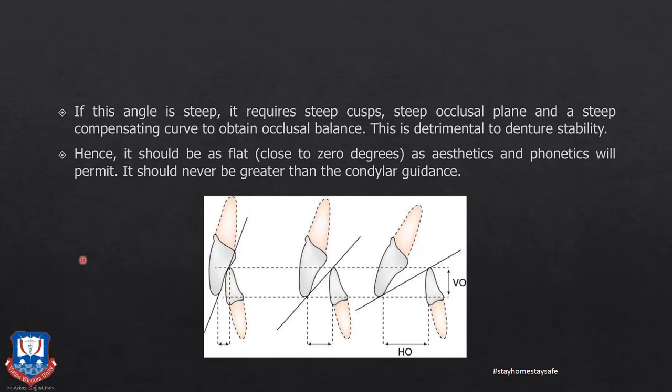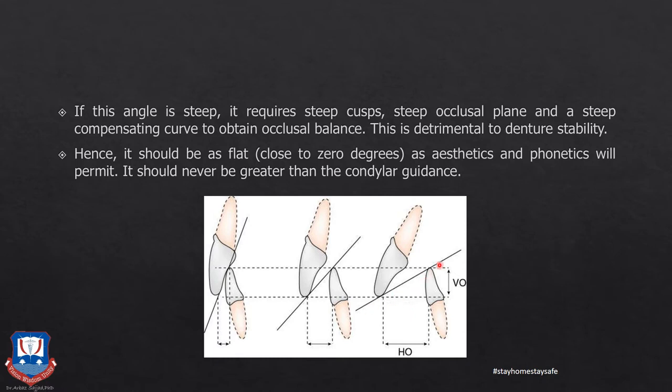We will also have to make the occlusal plane more steep instead of parallel to the residual ridges. We will need to use steep compensating curves like the curve of Spee, curve of Wilson, curve of Monson, Pleasure's curve, etc. All in an effort to create a balanced occlusion when the incisal guidance is steep.